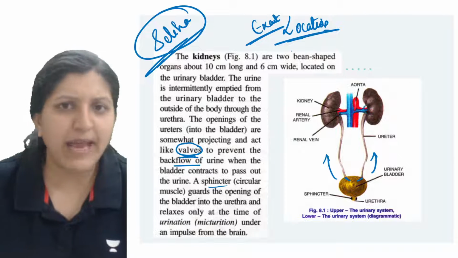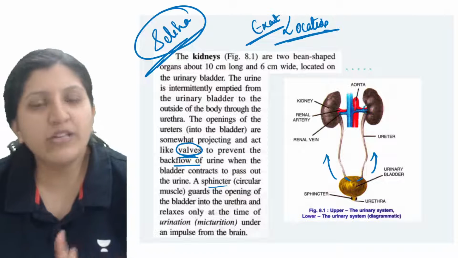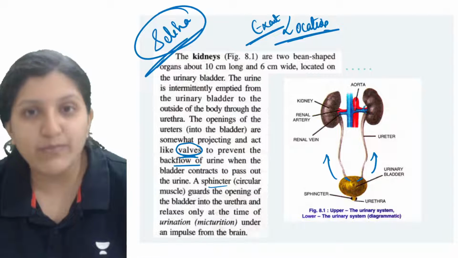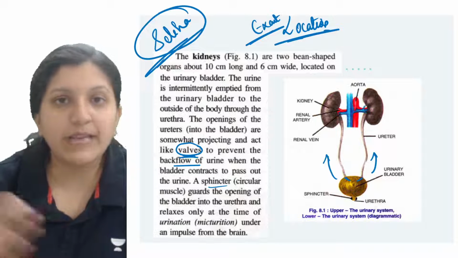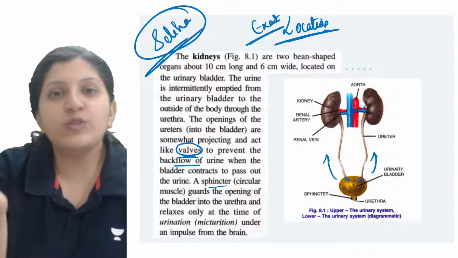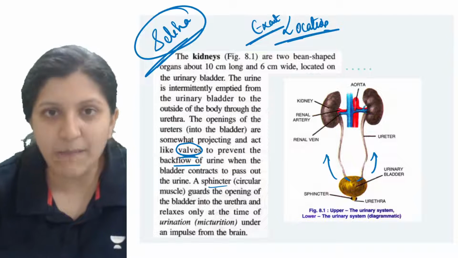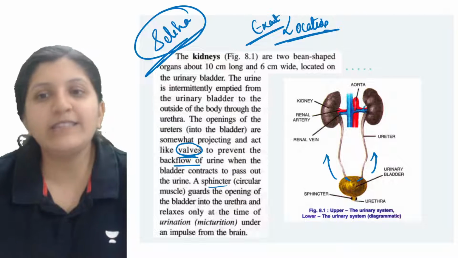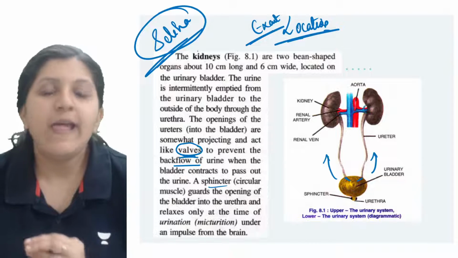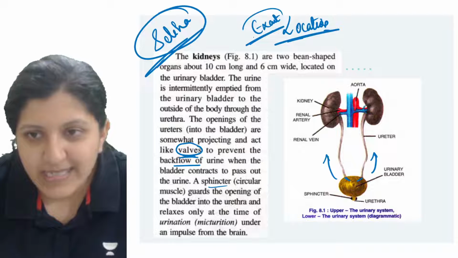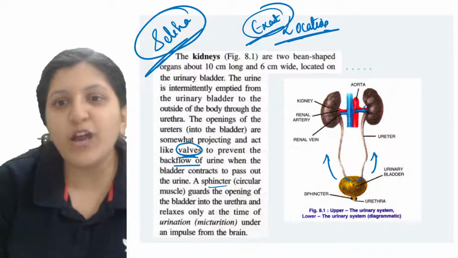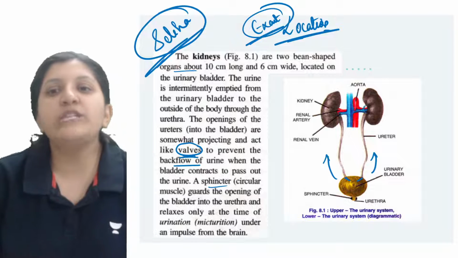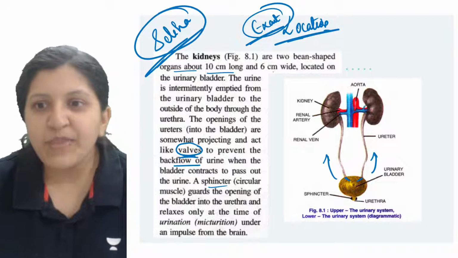Your own sentences might be absolutely right, but the location might have changed to some extent. So just make sure that you write it exactly as it is given in Selena. As mentioned here, kidneys are two bean shaped organs about 10 centimeter long and 6 centimeter wide, located on the urinary bladder.